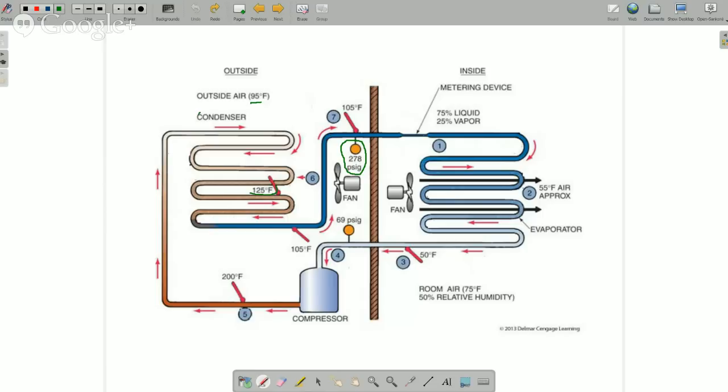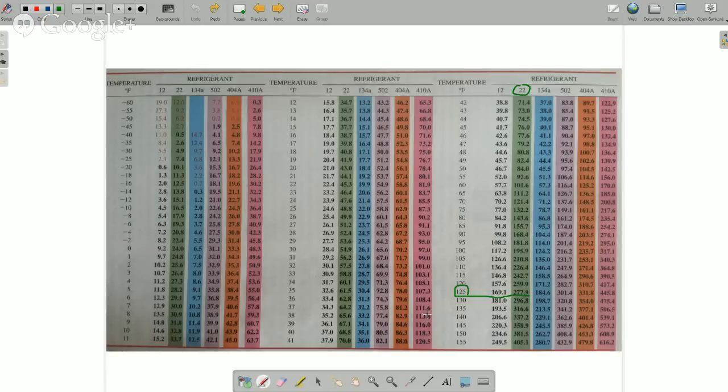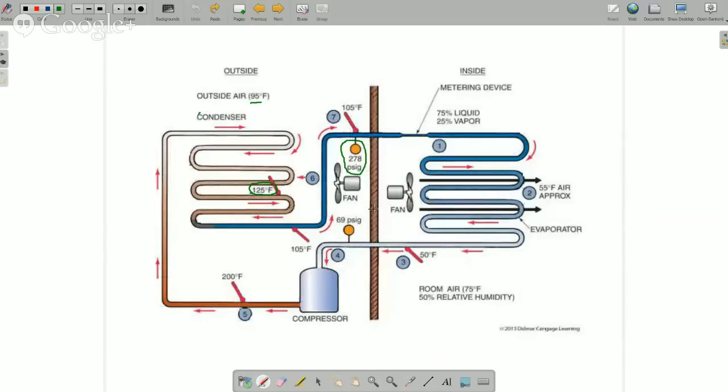Now remember, when you have your high side gauge on the system, and you're looking at this pressure and converting it over to the temperature just like we did, you'll notice that it is right there, 125. That pressure converts to 125 degrees Fahrenheit, yet you have your thermometer right where your gauge is connected to the liquid line, and it's reading 105 degrees.